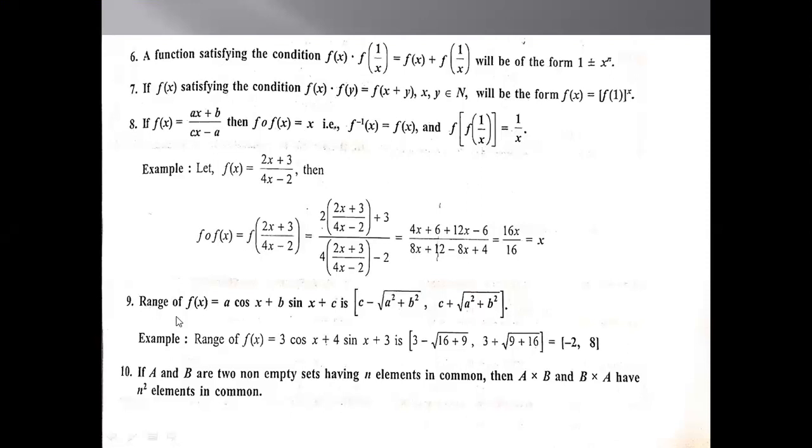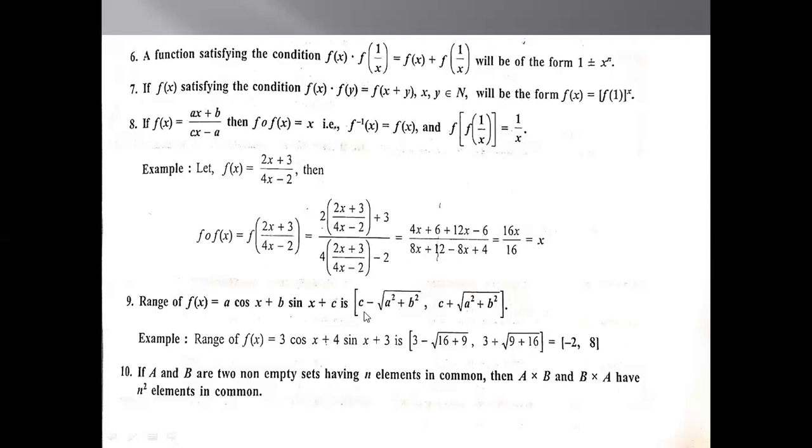Ninth one, the range of f(x) is equal to a cos x plus b sin x plus c is [c minus root of (a square plus b square), c plus root of (a square plus b square)]. This is the range of f(x) equal to a cos x plus b sin x plus c. For example, the range of f(x) is equal to 3 cos x plus 4 sin x plus 3.